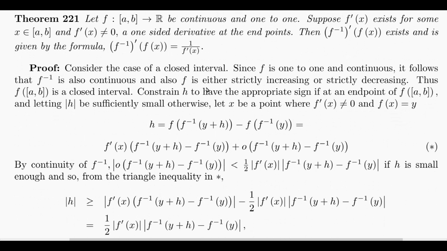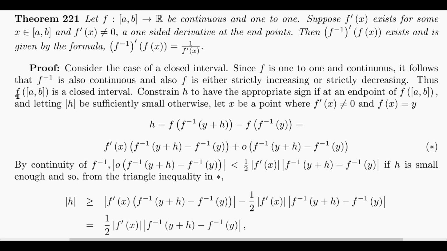All right. Since f is 1 to 1 and continuous, it follows that f inverse is also continuous. This was proved earlier in the chapter on continuous functions. And it also follows from what was done there that the function f is either strictly increasing or strictly decreasing.